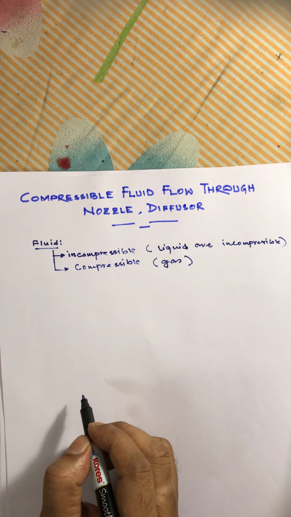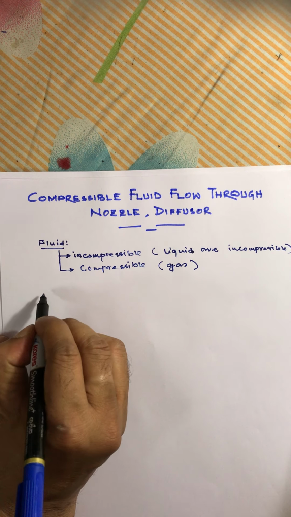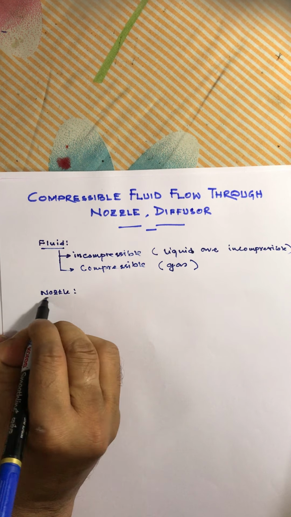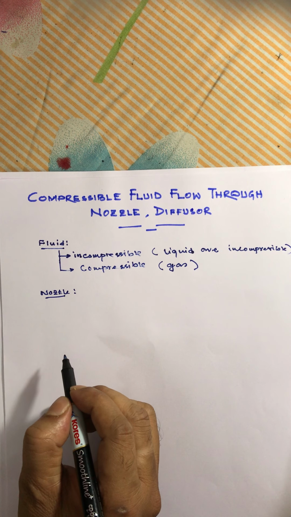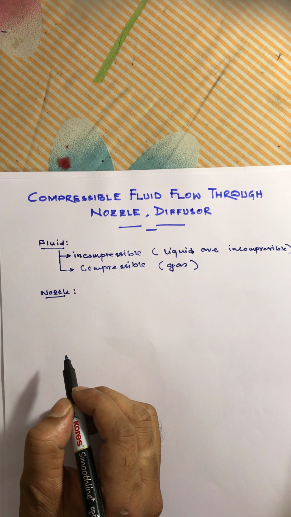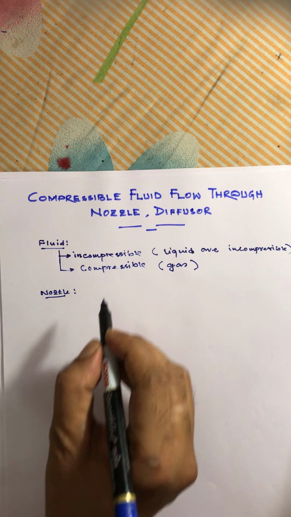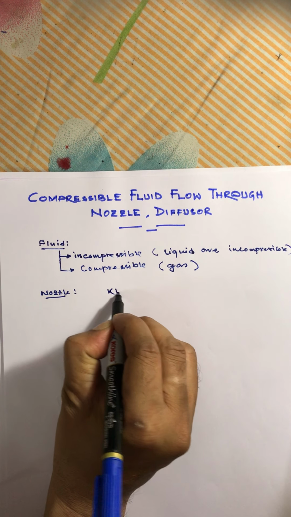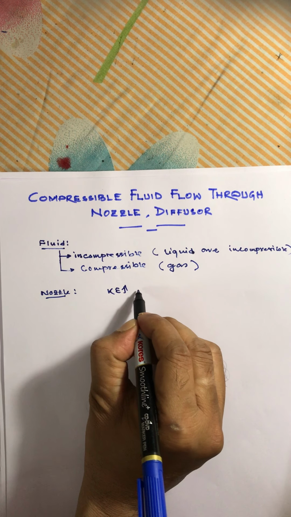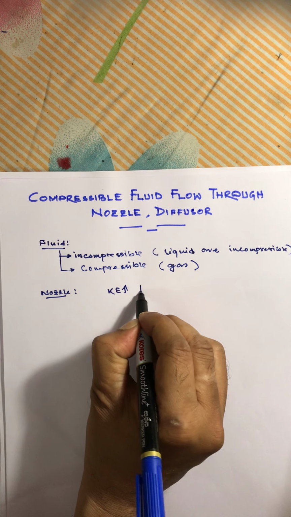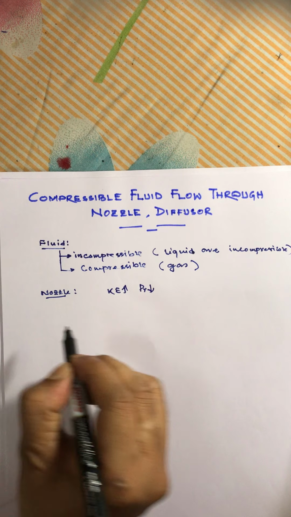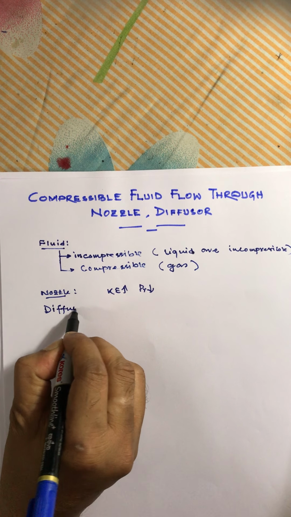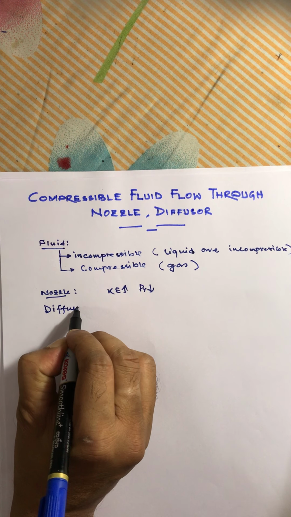Now, what is nozzle? Nozzle is any duct which will increase the kinetic energy at the expense of its pressure. And what is diffuser?